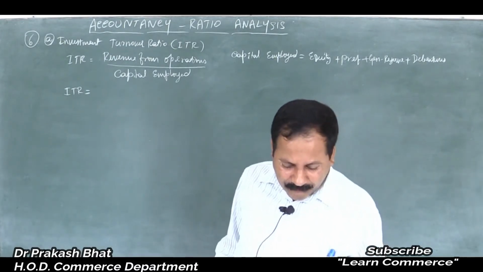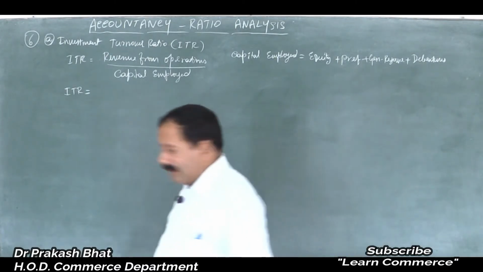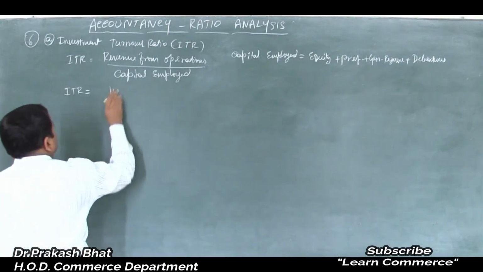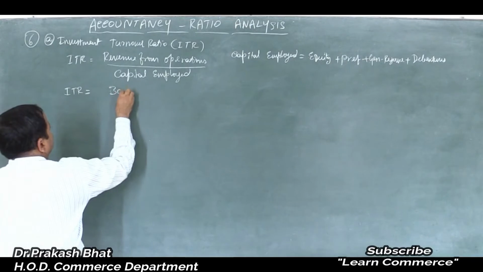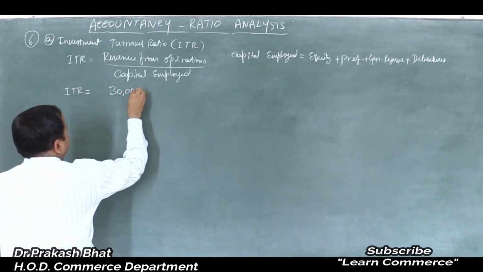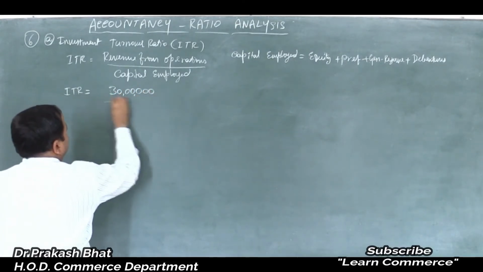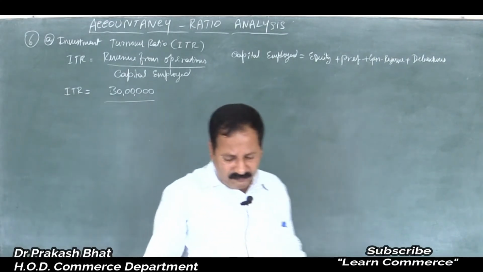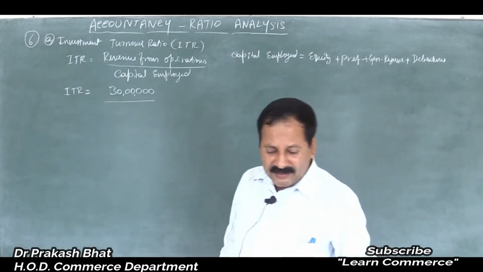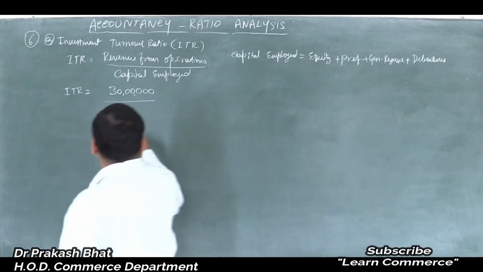that is revenue from operations, how much? 30 lakh, given in the problem, in the adjustment part, correct? 30 lakh divided by this, you have to add it together, it will be 10,84,000.